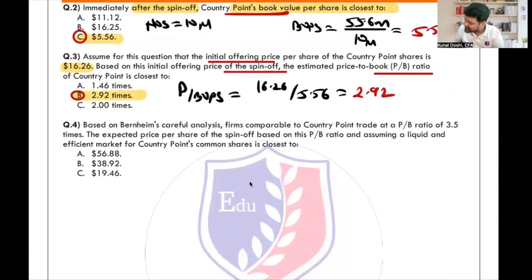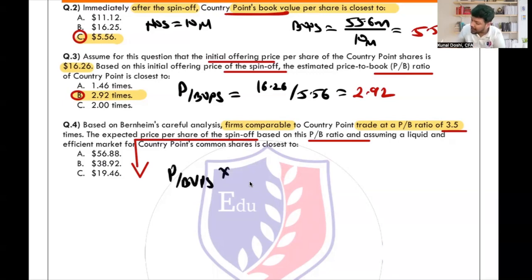Next, based on careful analysis, the firms comparable to Country Point trade at a price to book value. This is what the comparable companies' price to book value ratio is. The expected price per share after spin-off based on this ratio, assuming a liquid and efficient market. So in order to find the estimated share price, how do I find share price using the price to book value ratio? Guys, we have the industry price to book value per share. Multiply that with the book value per share that currently the company has.